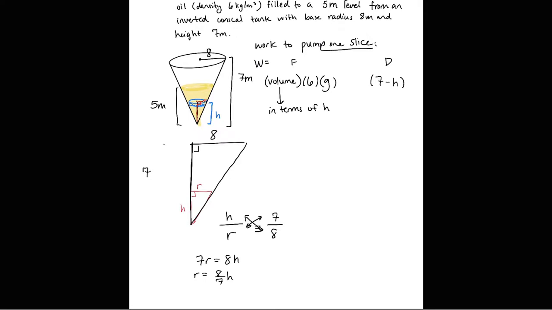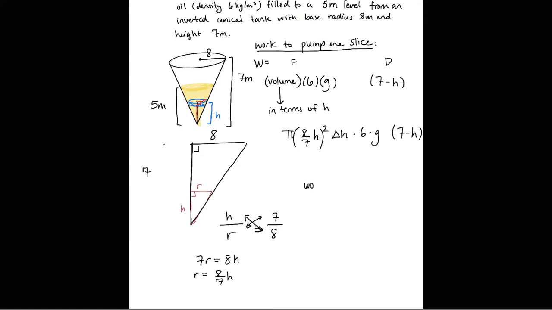Work to pump one slice then is going to be pi times the radius squared times delta h times 6 times g times 7 minus h. That's the work to pump one slice.